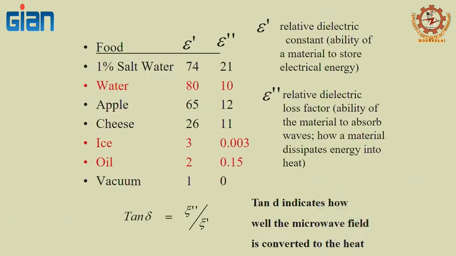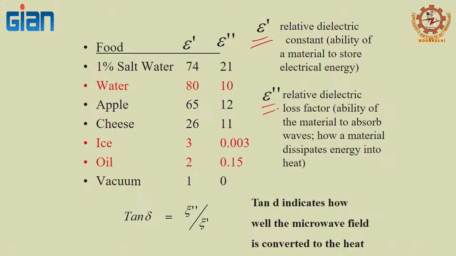Now we are introducing two concepts. One is the relative dielectric constant, the ability of the material to store microwave. In other words, you shine the microwave on the food and it is going to be stored inside. That is your epsilon prime.